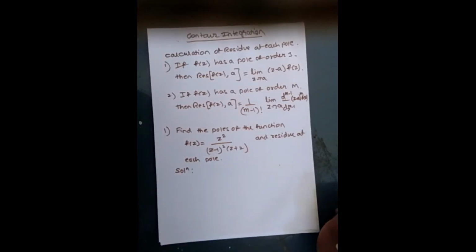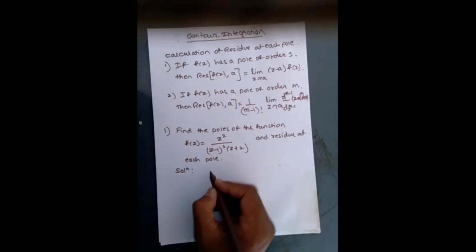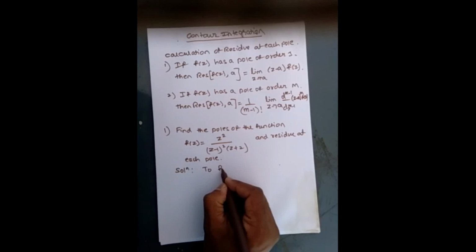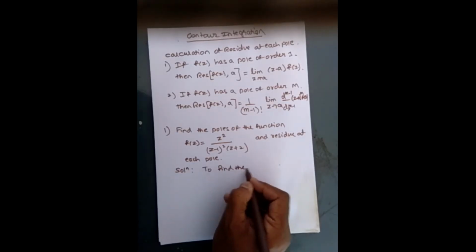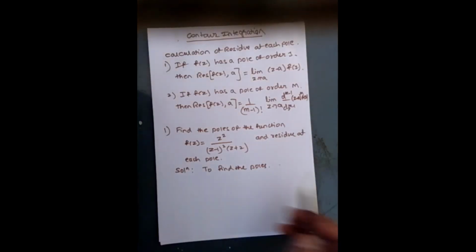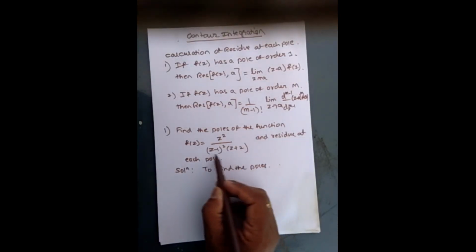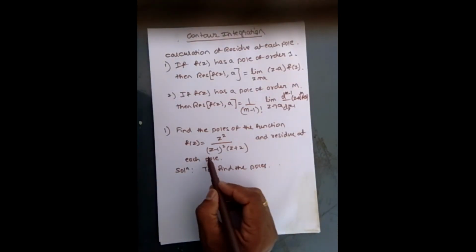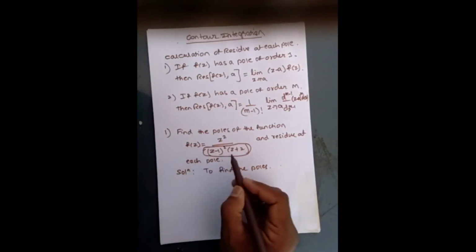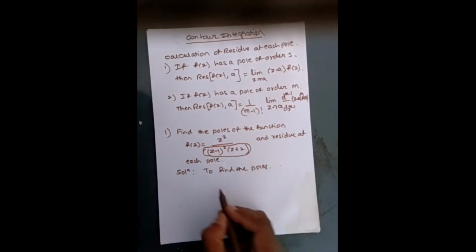Now to find the residue, first we calculate the poles. To find the poles, we equate the denominator terms to 0.